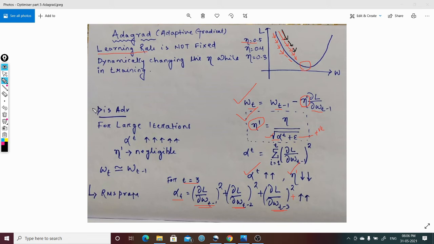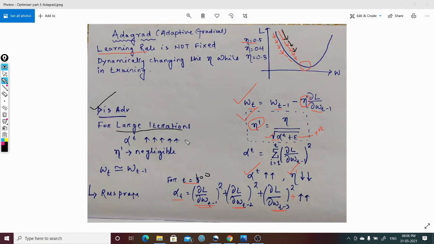But one of the major disadvantages with this is, suppose for large iterations, say 100 iterations, what happens? This alpha t will increase, as we have to consider hundreds of loss derivatives and we are also squaring them.